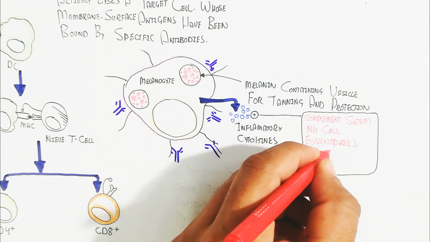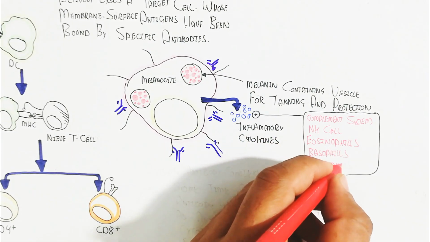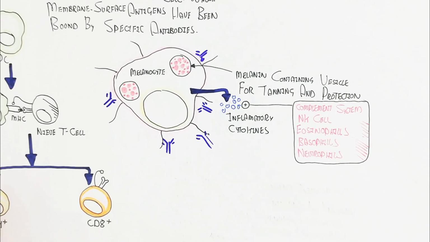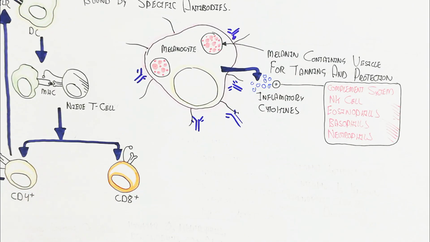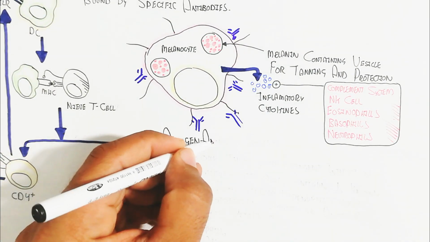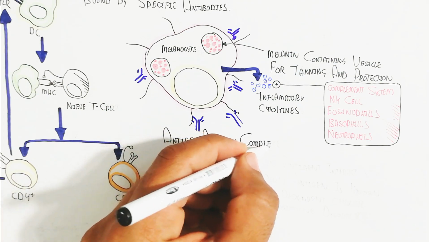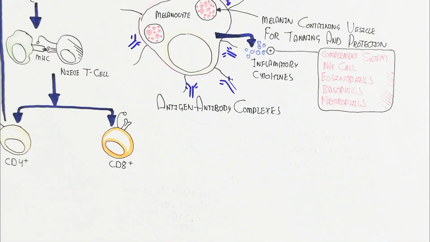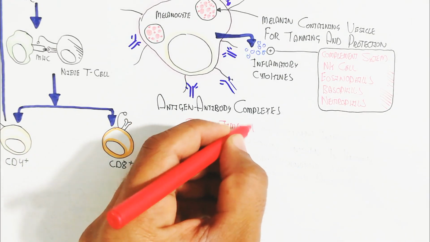This also will opsonize, and in this way the antibody and natural killer cells interact with each other via the opsonized cell, which will lead to rupture of the cell.